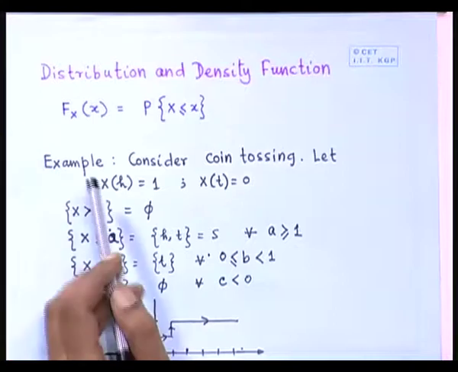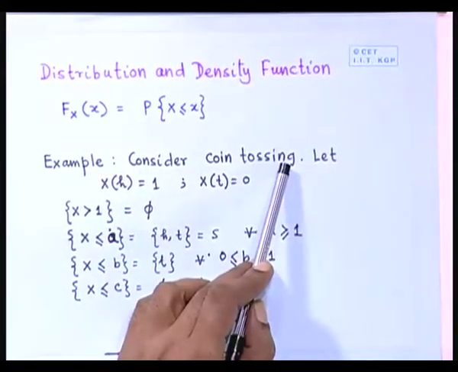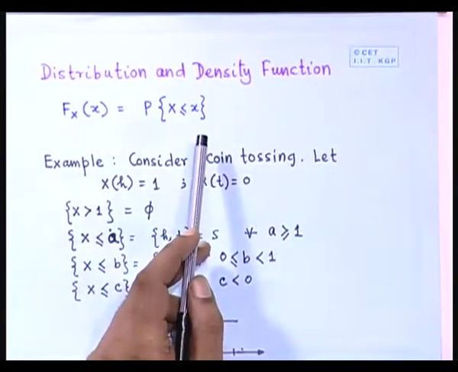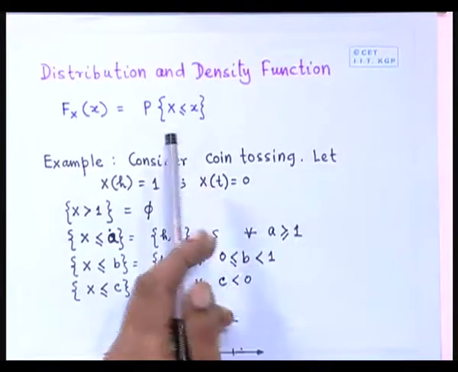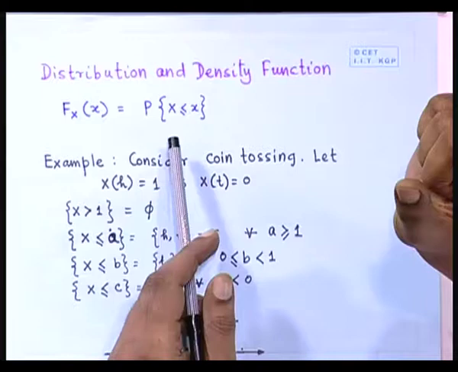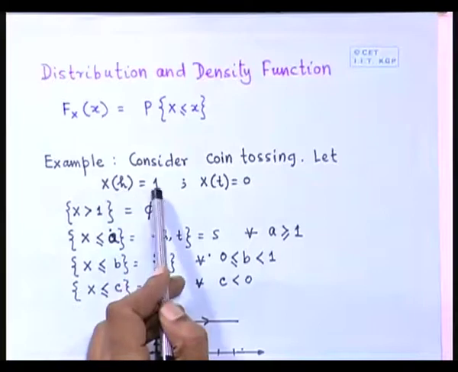So for example, our simplest experiment is coin tossing. So for coin tossing, what is the distribution function? First of all, coin tossing is an experiment, and we know its outcomes are head and tail. Now suppose I have defined a random variable such that X of head is 1.